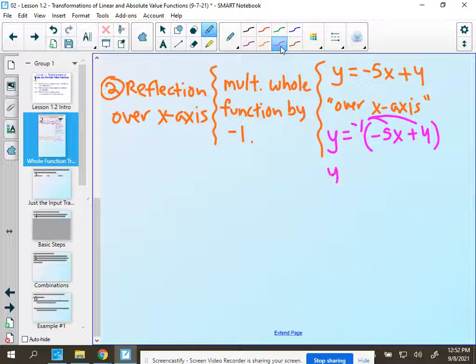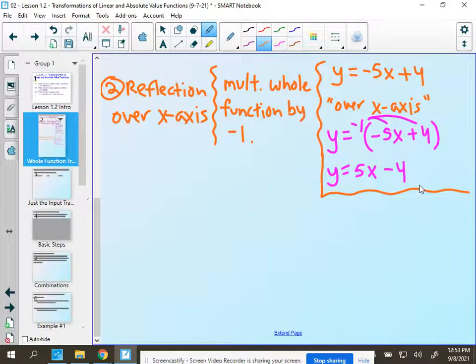Ultimately, we change the sign on both terms. Y equals, so the multiply right here, we end up with positive 5x, and then we end up with -4. That's where we would end up, 5x minus 4. So I've reflected this original negative 5x plus 4 over the x-axis, changing the sign on both of those.